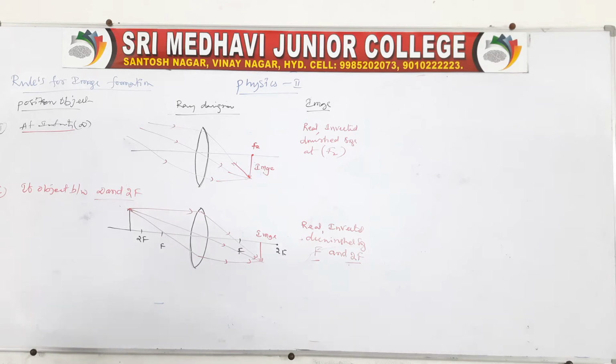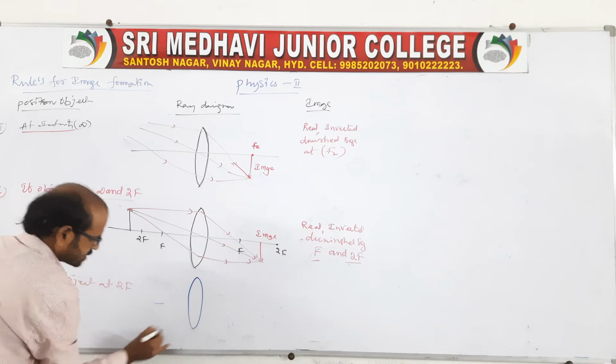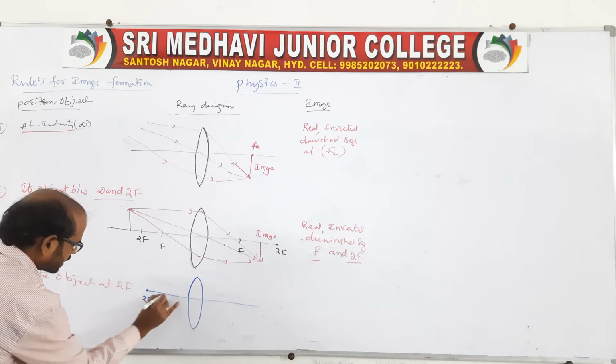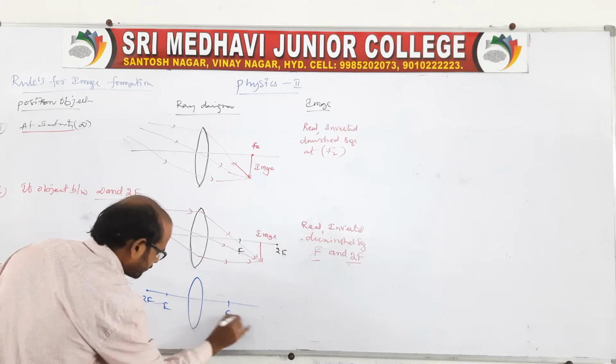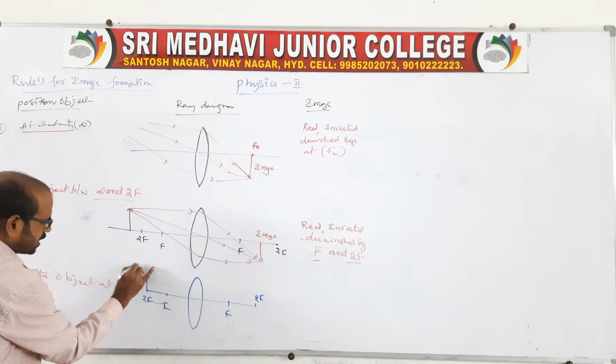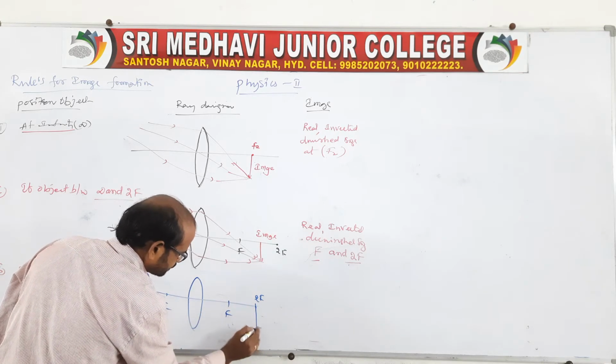I'll give you the third diagram. If the object is at 2f, it will be like this. You take a lens. Now take 2f and f, f and 2f. There is the object, and the image will be real, inverted and the same size.